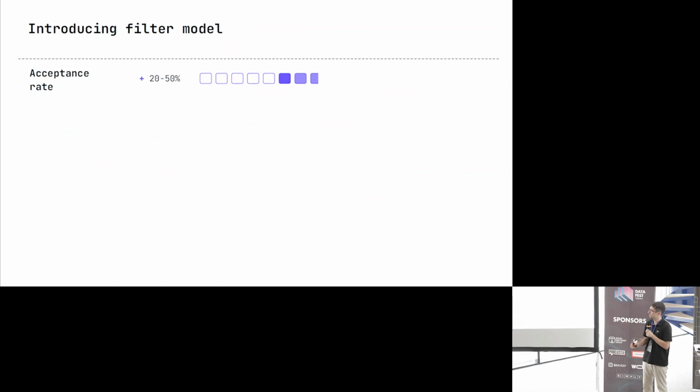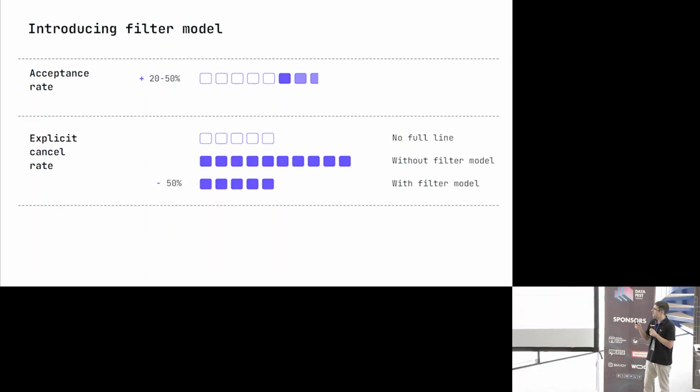The acceptance rate increased by 20 to 50% as compared to the no filter model regime. And the explicit cancel rate, our main negative metric, decreased by 50% as compared to the regime without the filter model. And as you can see, here we were able to match the level of this negative metric of the no full-line test group.